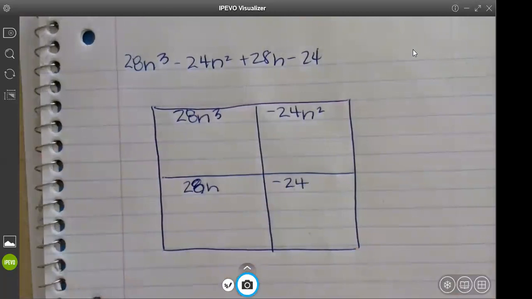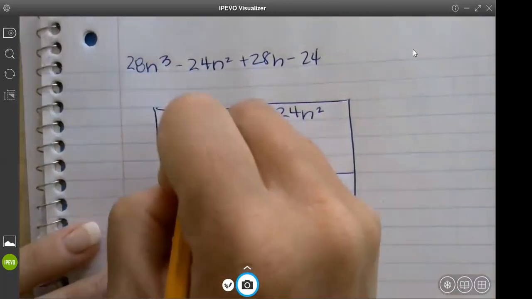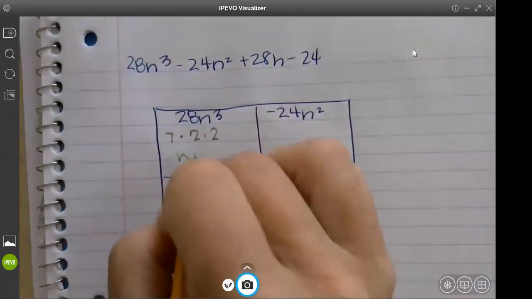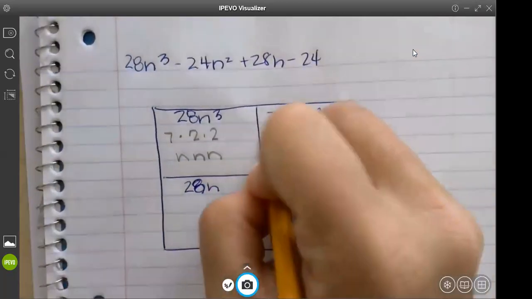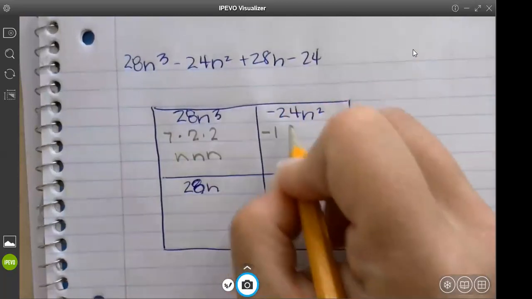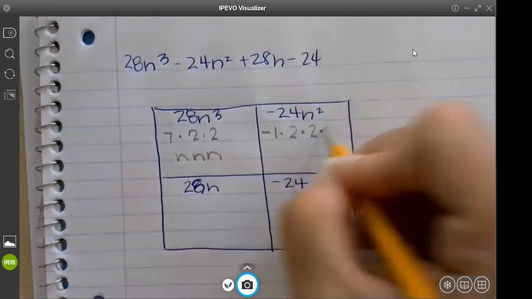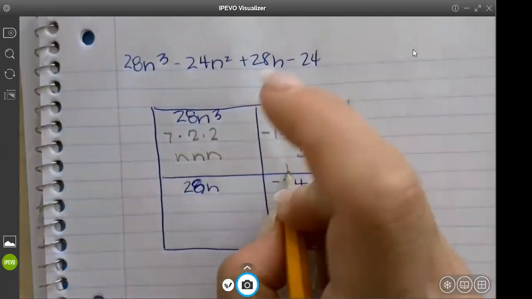All right, we're going to break it down. Factors of 28 are 7 and 4, so 2 and 2, and 3 n's. When we get a negative, we have negative 1. 24 is 2 and 12. 12 is 2 and 6. 6 is 2 and 3.